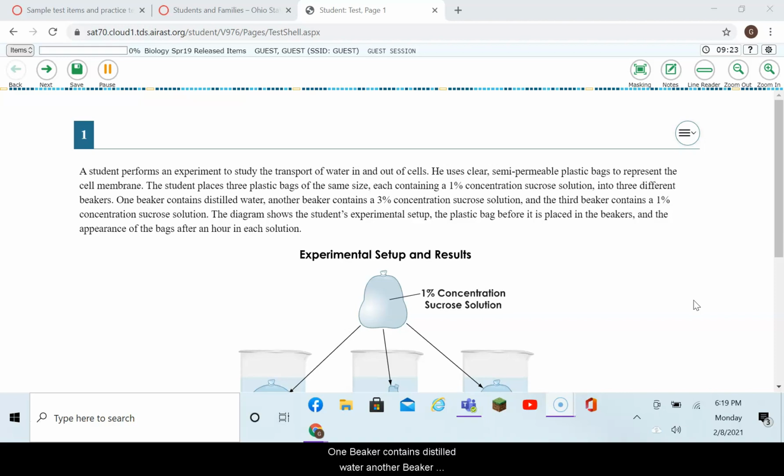One beaker contains distilled water, another beaker contains a 3% concentration sucrose solution, and the third beaker contains a 1% concentration sucrose solution. The diagram shows the student's experimental setup, the plastic bag before it is placed in the beaker, and the appearance of the bags an hour in each solution.